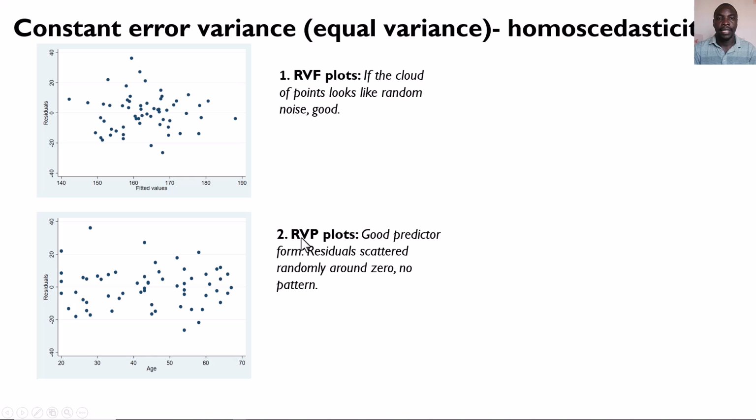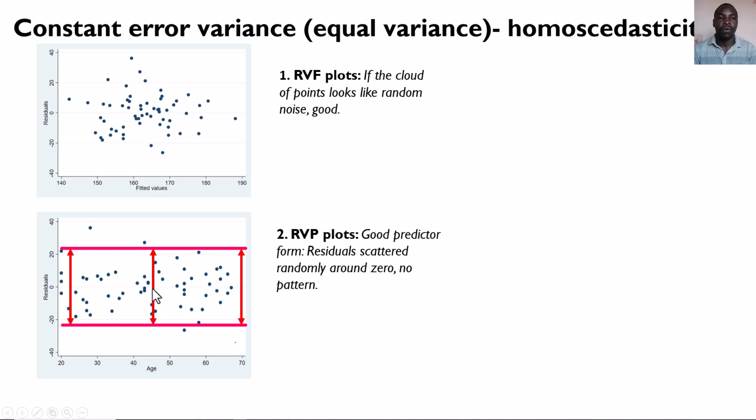Similarly, if we look at the RVP plots, a good predictor forms residuals that are scattered randomly around 0, or no pattern. In other words, you can also interpret it this way: the variance at the start, or for lower values of the variable age, remains the same.